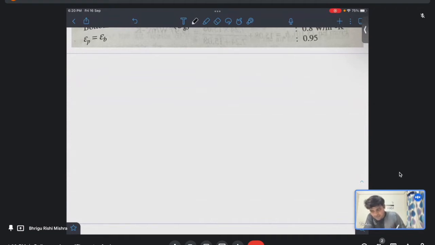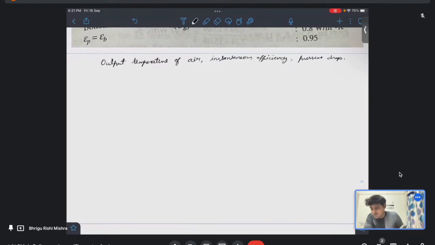We need to calculate the output temperature of air. We need to calculate the instantaneous efficiency. And we can also calculate the pressure drop.